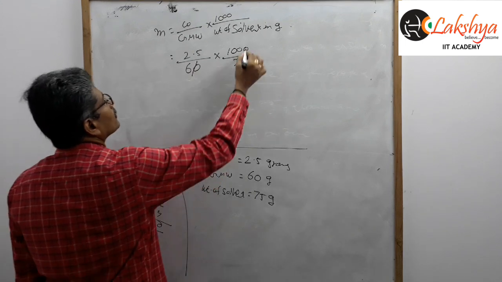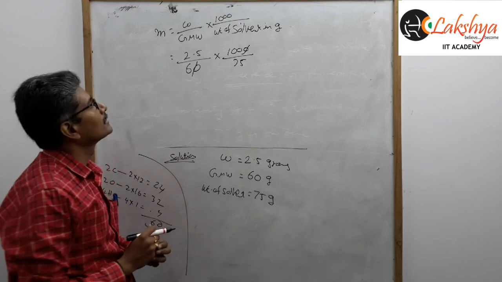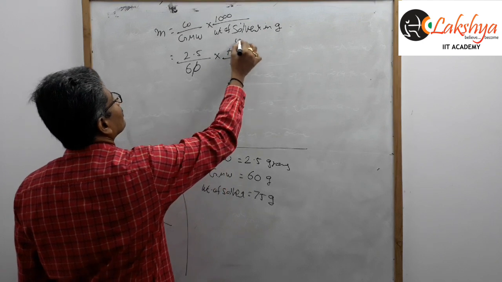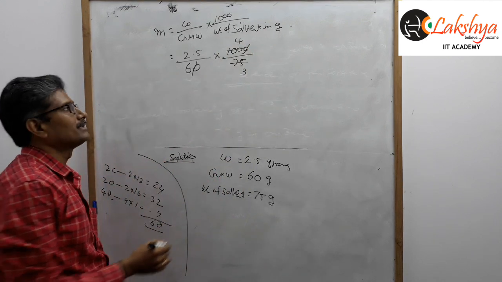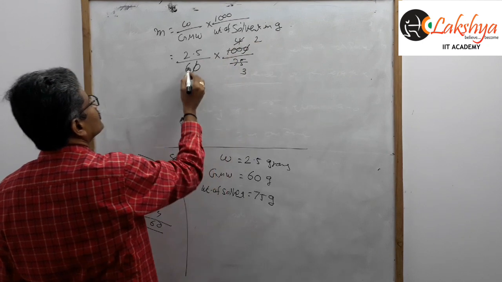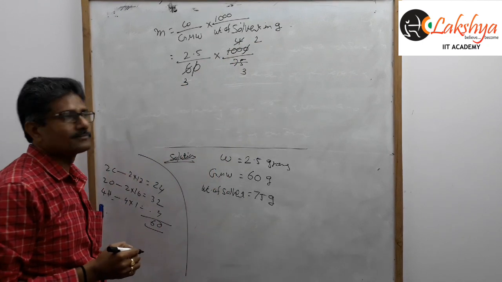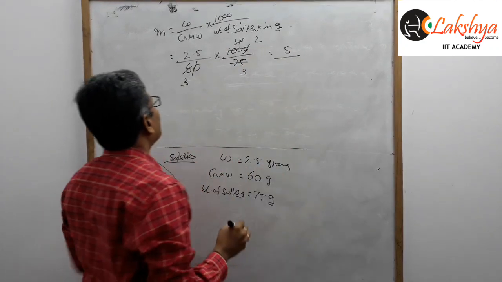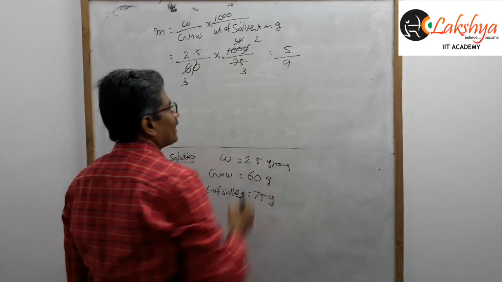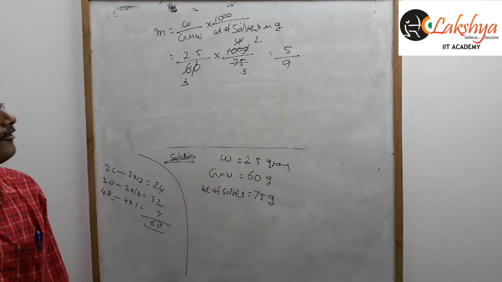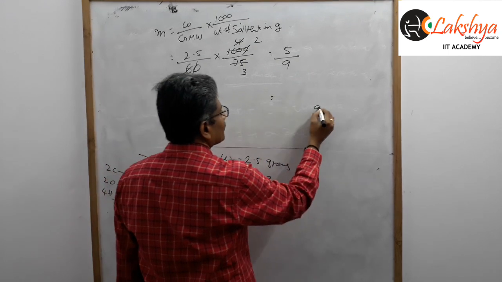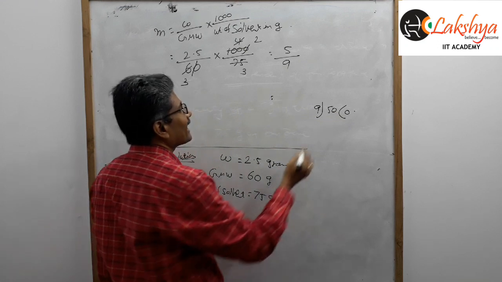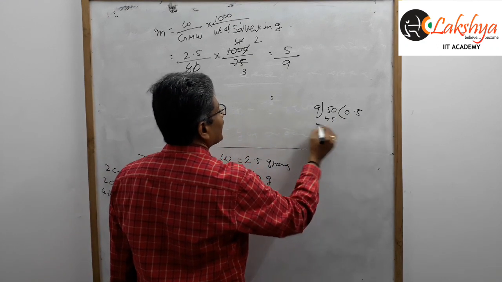Okay, 0 cancel. 100 by 75, 25 3 times, 25 4 times, right. 2.5 into 2, nothing but 5 by 3. 5 by 9, you can simplify. 9 5s are 45.